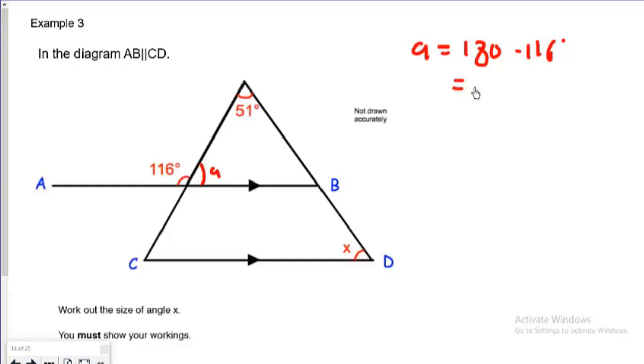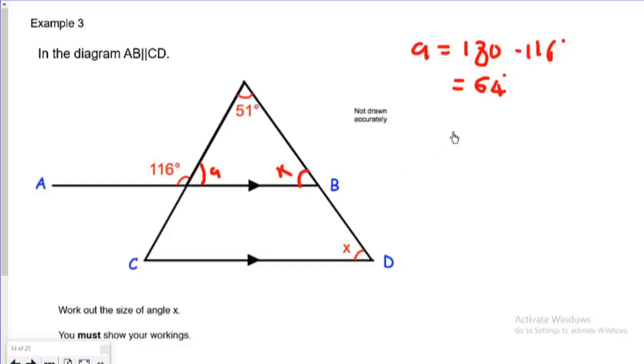So A is equal to 64 degrees. Now I can find this angle also. Let's say this is K.